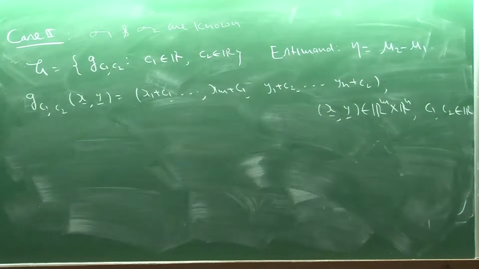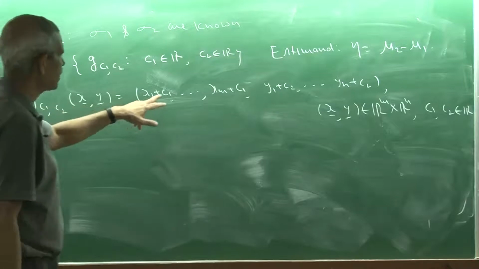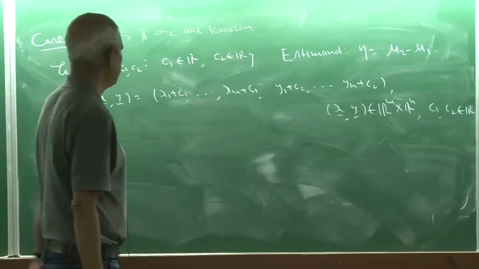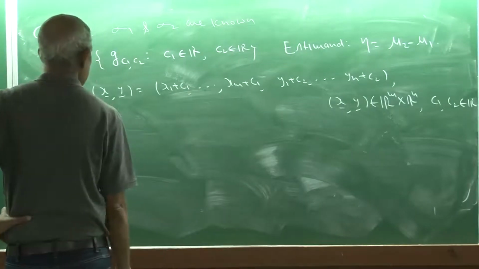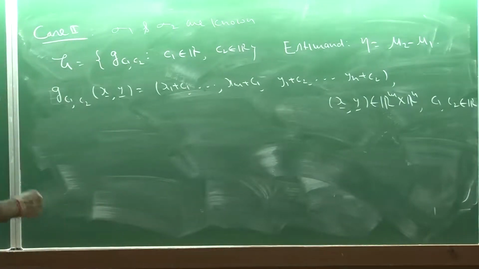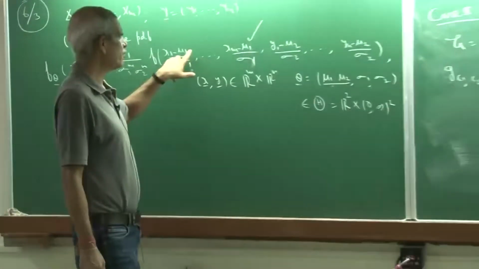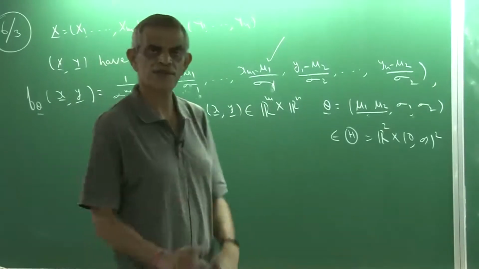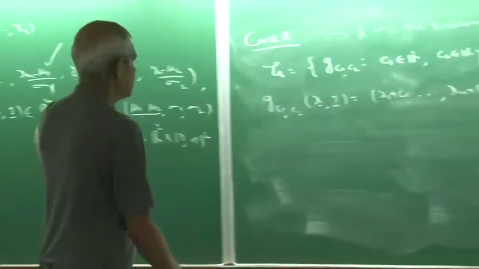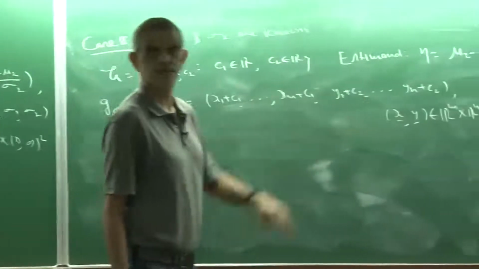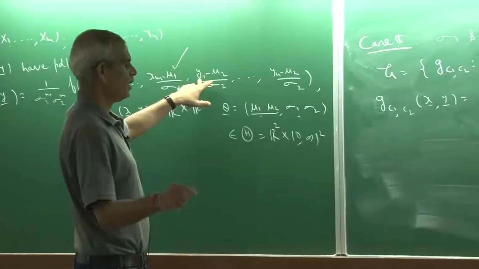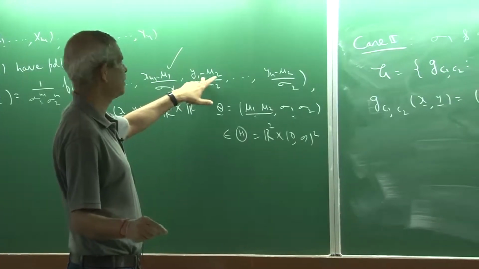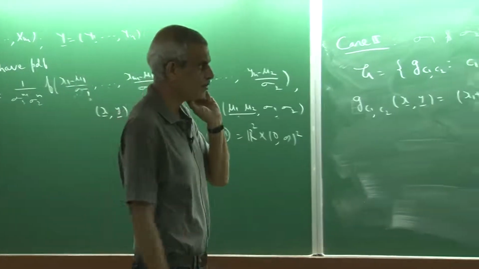So what do I do? I see what is the distribution of x1 plus c1, ..., xm plus c1. So when I put xi plus c1 as yi, xi becomes yi minus c1. So all this becomes yi minus c1, so that means mu1 becomes mu1 plus c1. And similarly for the yi's, I put plus c2, so it becomes, let us say ti, so ti minus c2 minus mu2, so mu2 becomes mu2 plus c2.